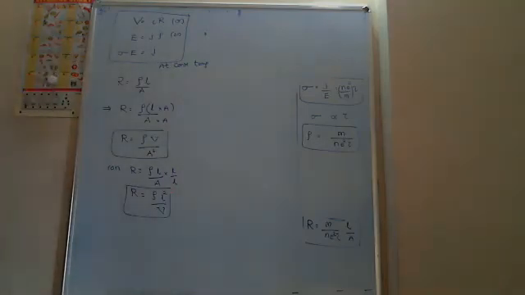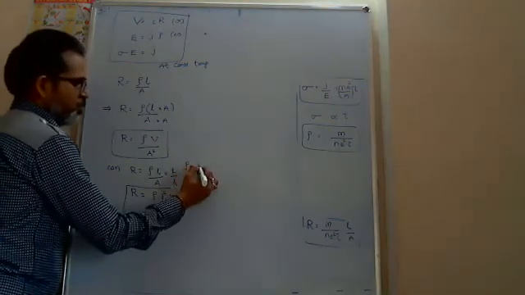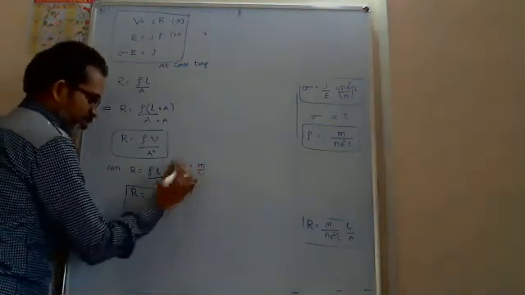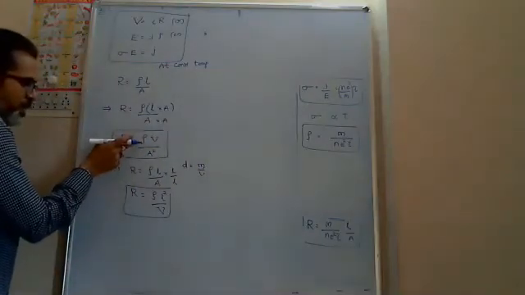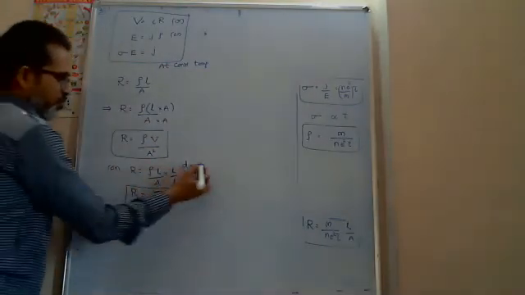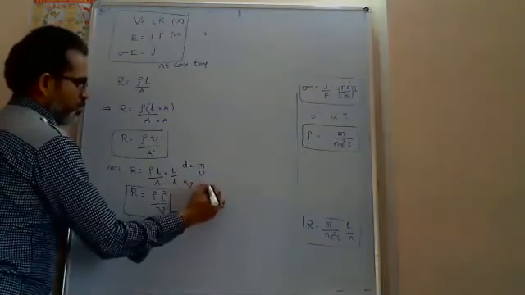Okay, sir, I want it in terms of mass. Okay, that is your wish. Density is equal to mass by volume. Better we write density with another letter, D, because rho we already used here. So if you take density as mass by volume, you can replace volume with mass by density.